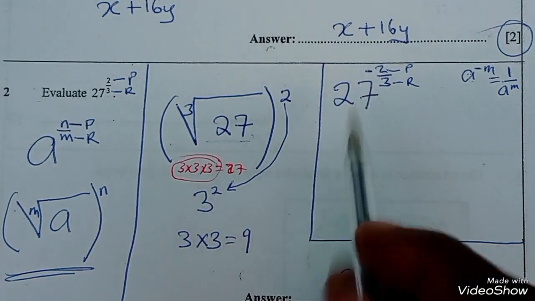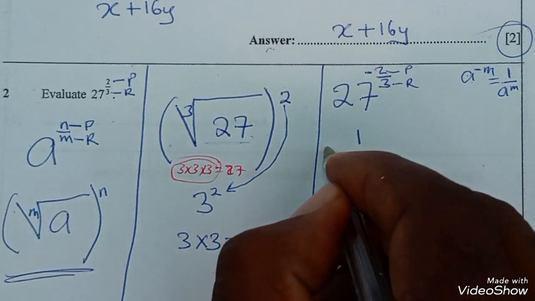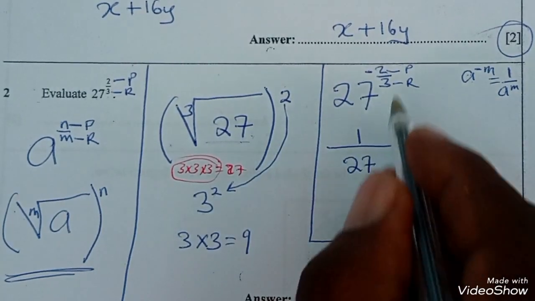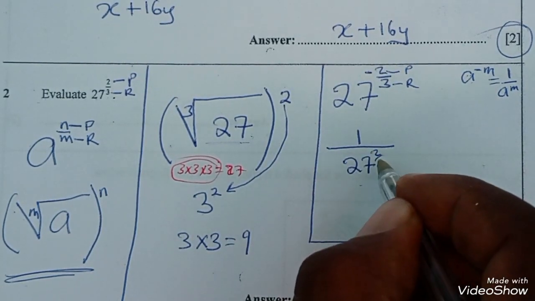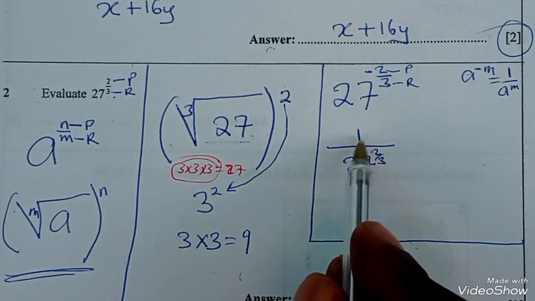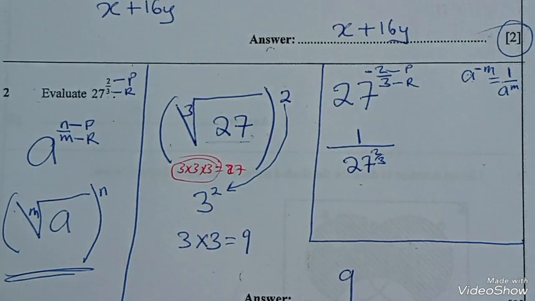So this is going to be 1 over 27 to the power 2 over 3. So the negative has disappeared. Why? It has changed to a positive, which is 1.